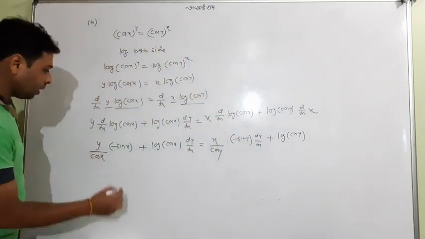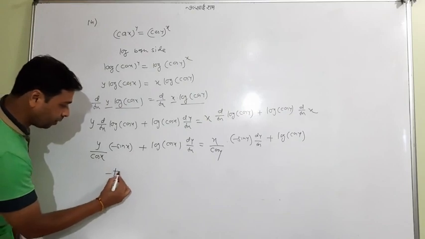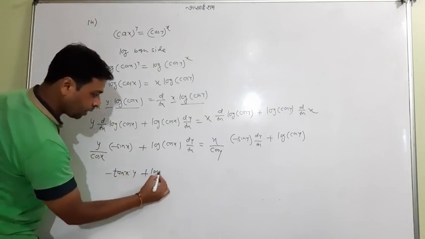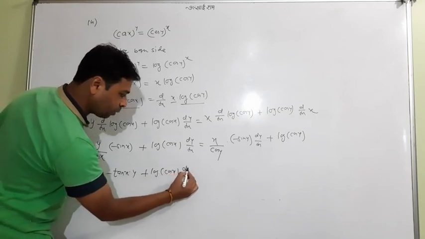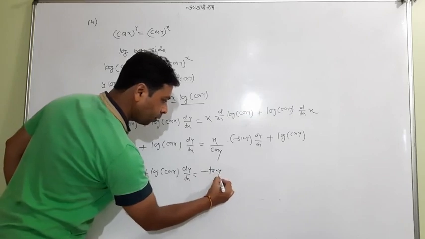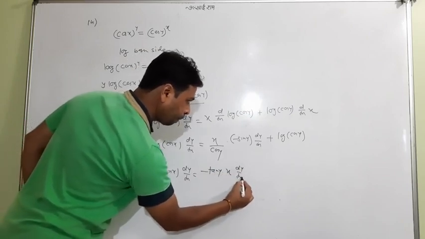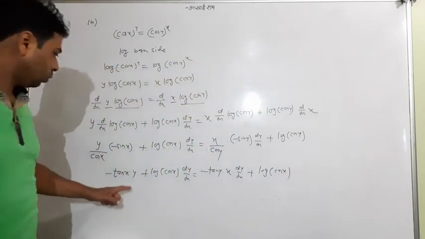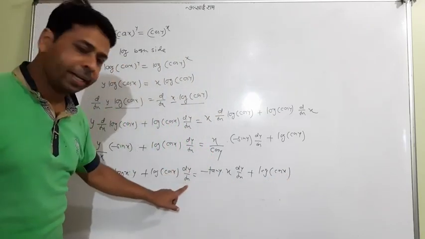So the rest is easy now. Sin by cos is going to be tan. y is similar. Log cos x and dy by dx will be the same. These two will be minus tan y into x dy by dx log cos y. So next, leaving it on you, just what to do: take out dy by dx common.